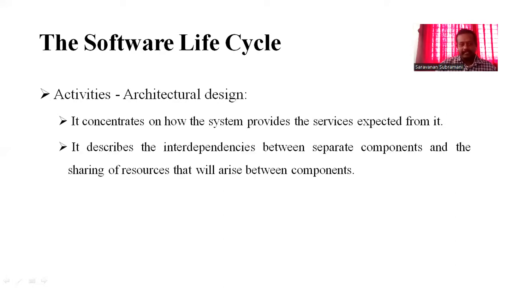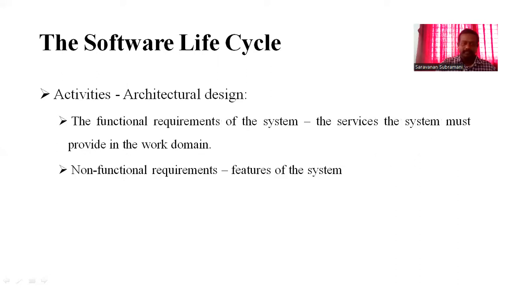Architectural design is the next activity. It concentrates on how the system provides the services expected of it. It describes the interdependencies between the separate components and the sharing of resources that will arise between the components.